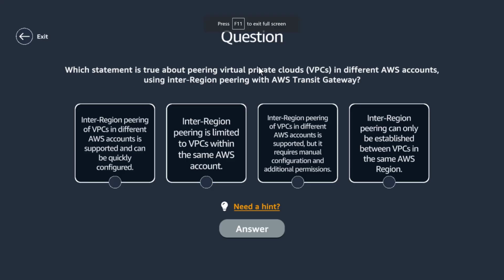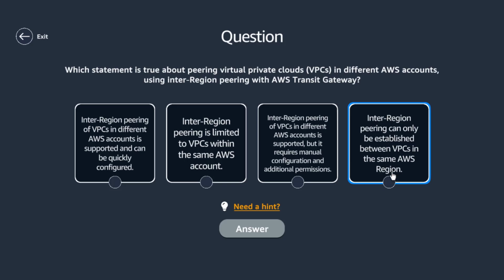Which statement is true about peering VPCs in different AWS accounts using inter-region peering with Transit Gateway? Inter-region peering of VPCs in different AWS accounts is supported and can be quickly configured. Is limited to VPCs with nope. Inter-peering of VPCs in different accounts is supported but requires manual configuration. This is wrong.